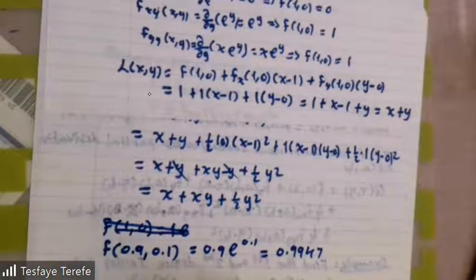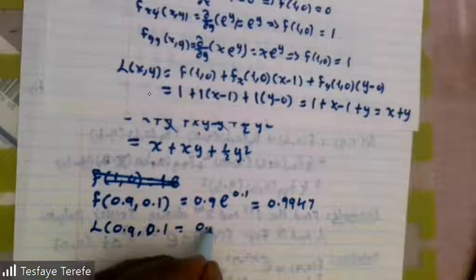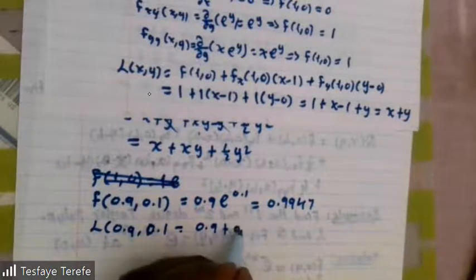That is the f value. And the linearization L at (0.9, 0.1) is simply x plus y, so 0.9 plus 0.1, which is equal to 1. Well, that is okay, good enough.